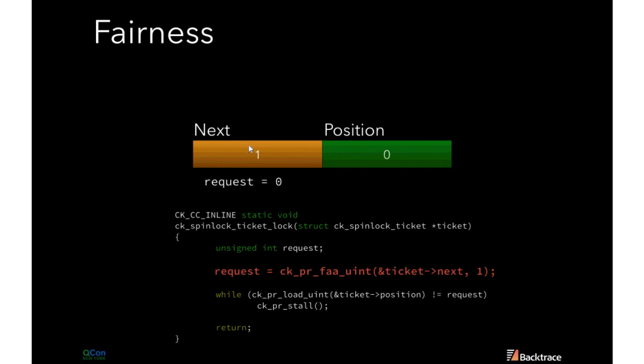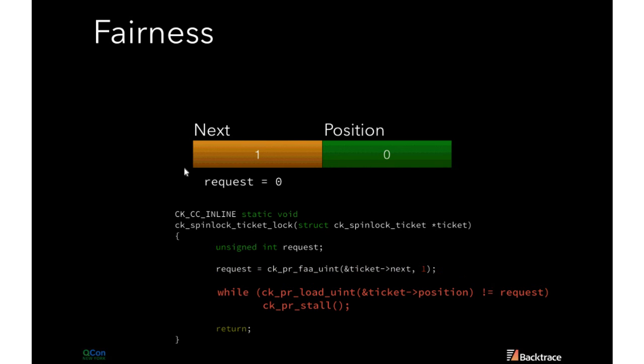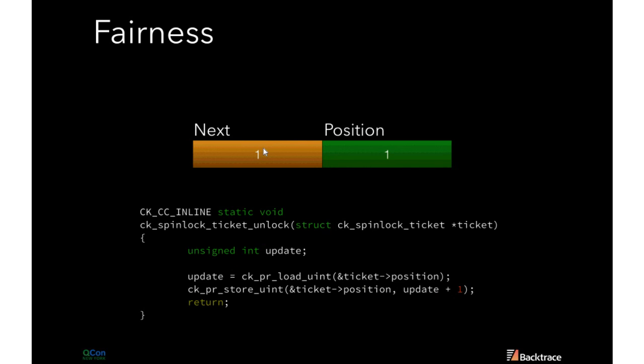So we do a fetch and add on this next counter, and then you spin until position is incremented to next. Assuming that your underlying hardware resources are not overcommitted and you don't have starvation issues there, you get not only starvation freedom guarantees, but also FIFO fairness guarantees.